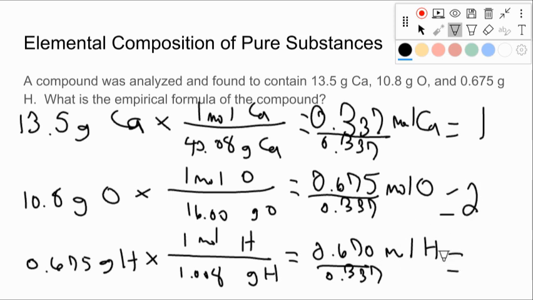And then 0.670 divided by 0.337 gives me 1.9, which is going to round also to 2.